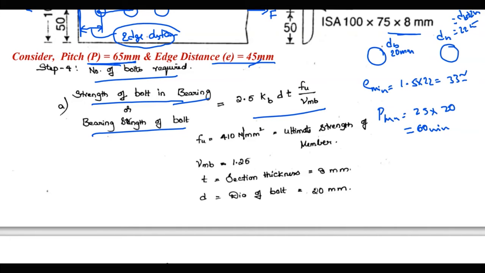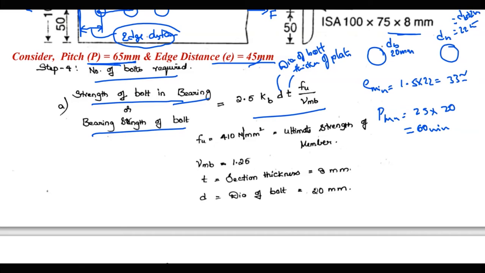See here, fu is the ultimate strength of the plate. Gamma mb is the factor of safety, 1.25. T is the thickness of the plates, and d is the diameter of the bolts, and Kb is a factor that is to be calculated.